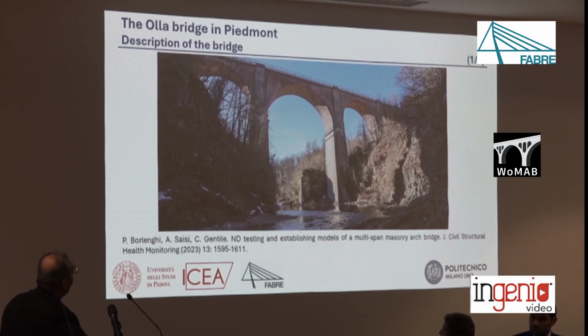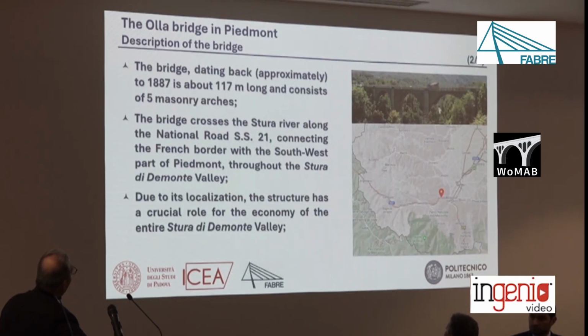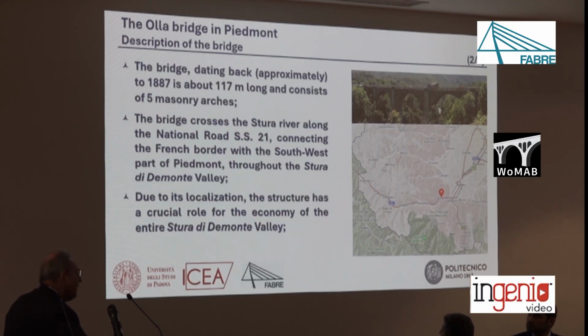The bridge is again in the province of Cuneo. The bridge, as you can see, is about 117 meters long and consists of 5 masonry arches. It is placed on the national road SS21, connecting Piedmont with the French border and crossing the Stura di Demonte Valley.